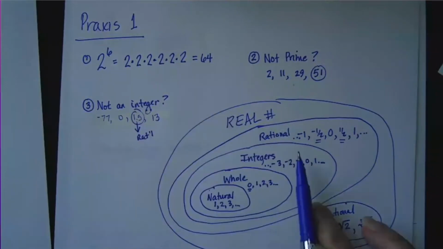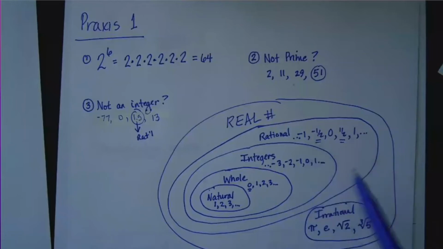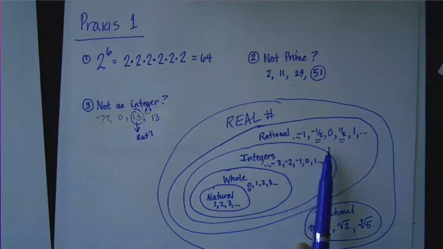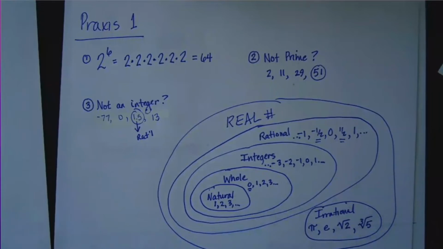We have infinitely many rational numbers that are not integers, but all of the integers are also rational numbers, as are the natural and the whole numbers. All right, so that's how you figure that one out, and that's just in case there are other questions of this type that you might see again. So now you see the whole real number system that you need to know and understand.